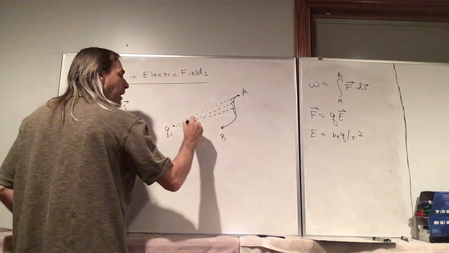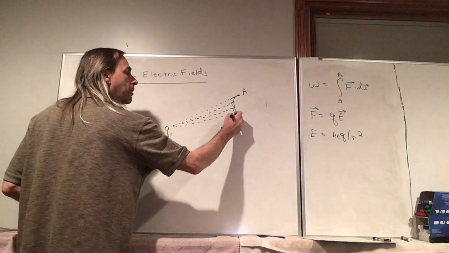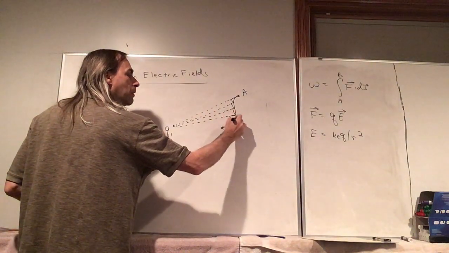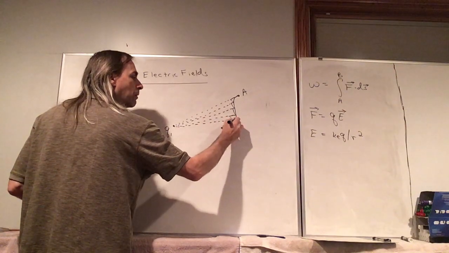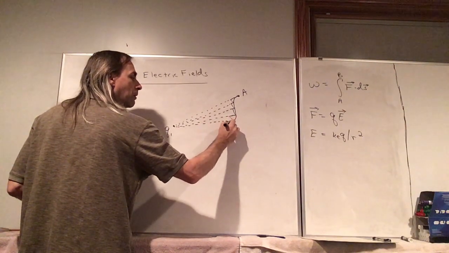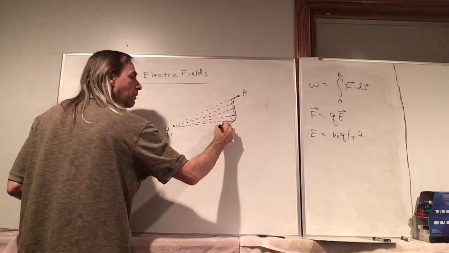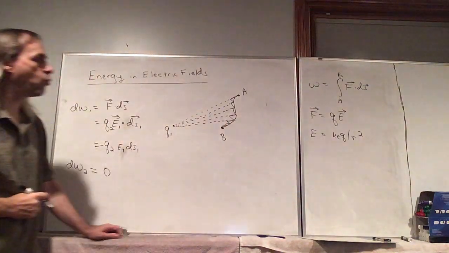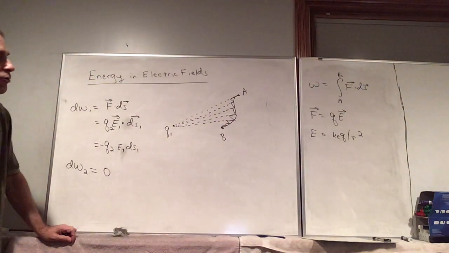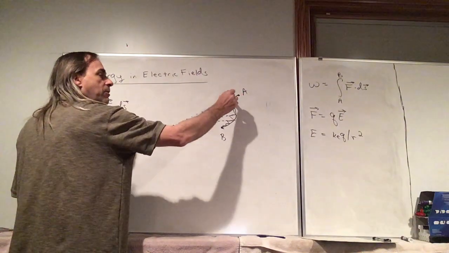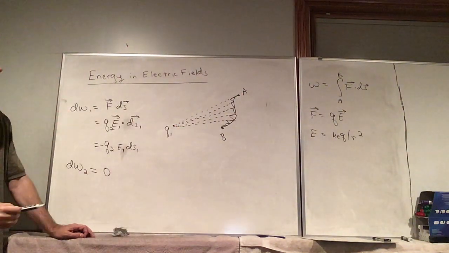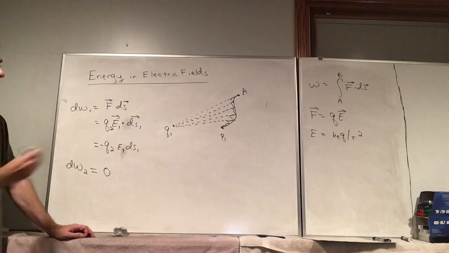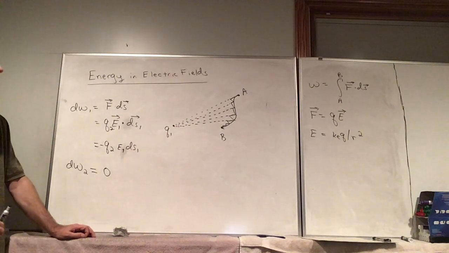But now we're getting back. Like any actual path, we can approximate it by just these radial components and then this arc that is always perpendicular to the force.